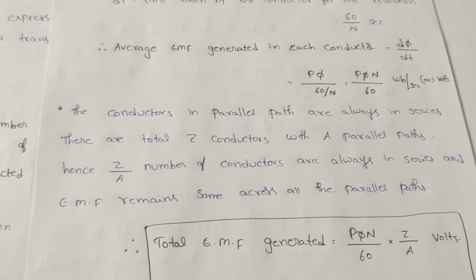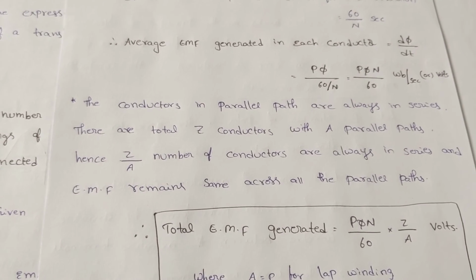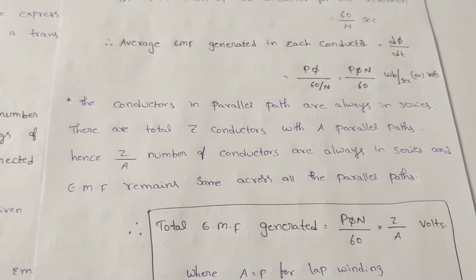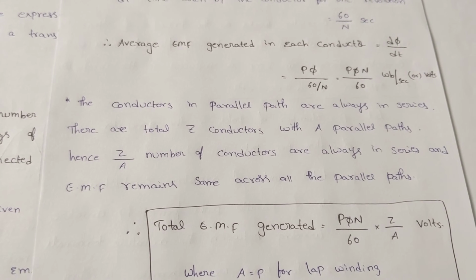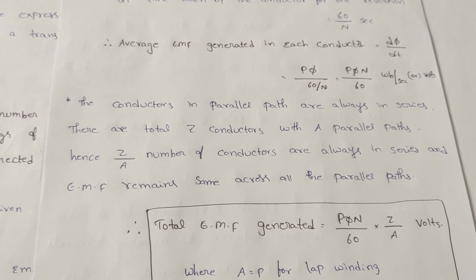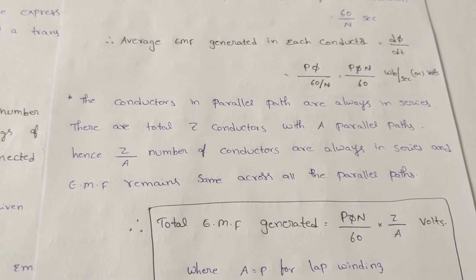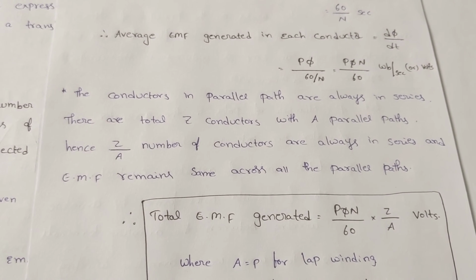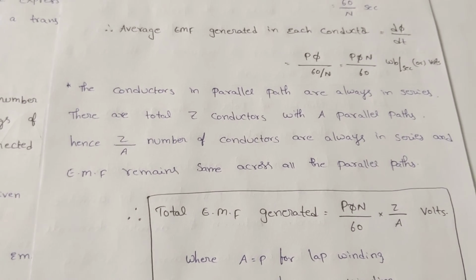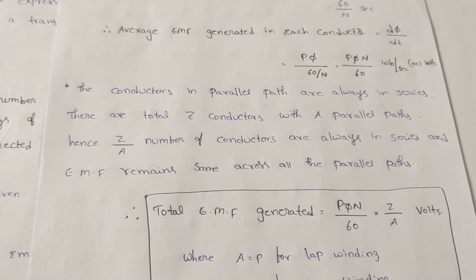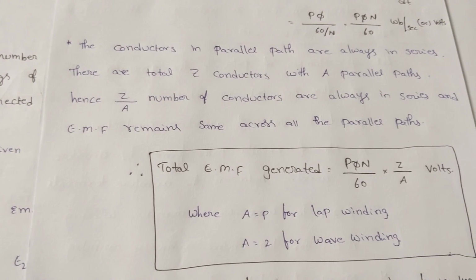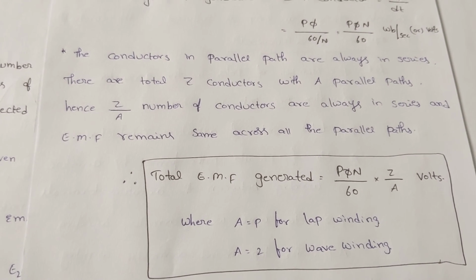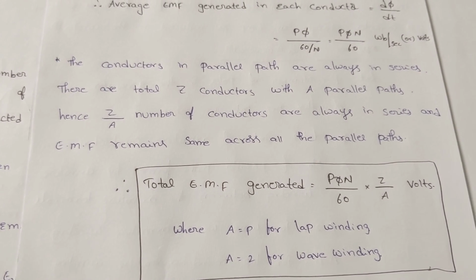This will be equal to the EMF generated for one conductor into the total number of conductors connected in parallel. So it will be equal to P phi N by 60 into Z by A, where A is the number of parallel paths, which varies based upon the winding. So this is the total EMF generated in the DC generator.